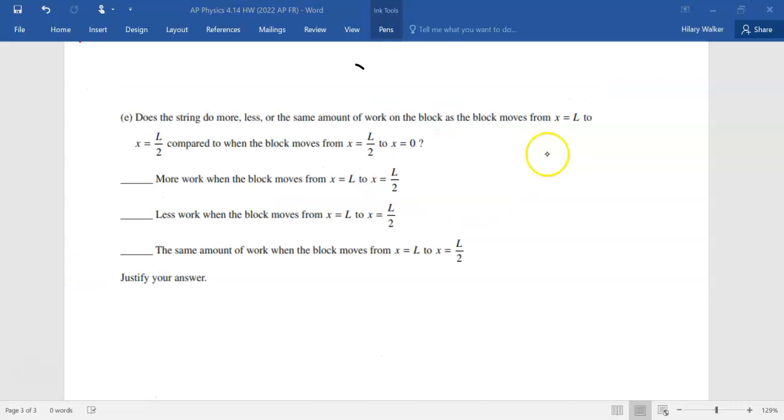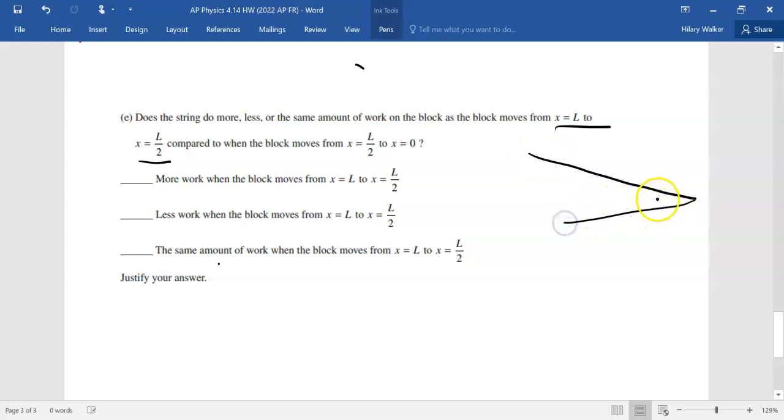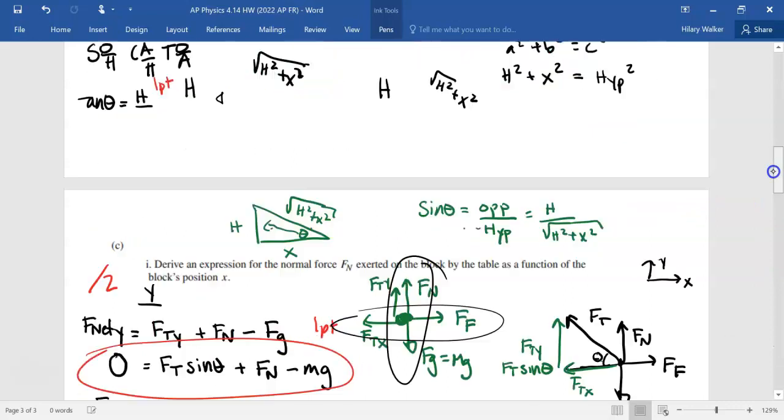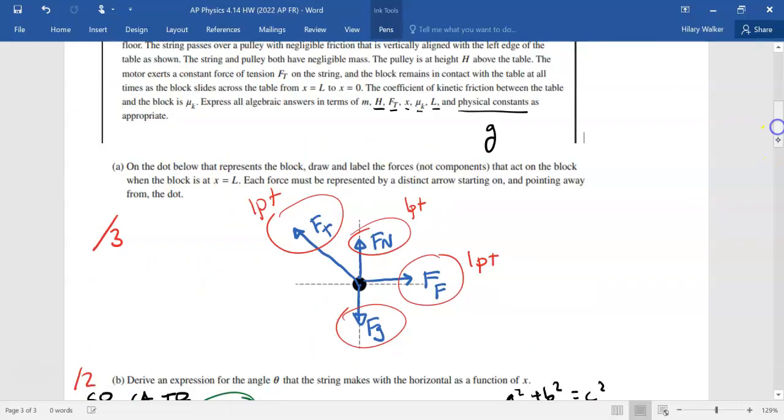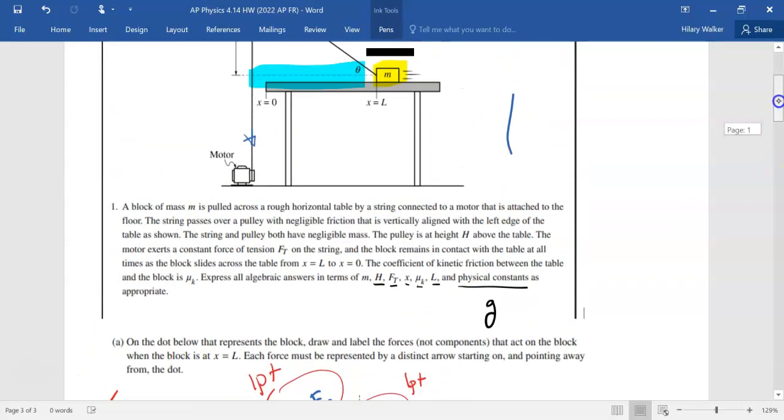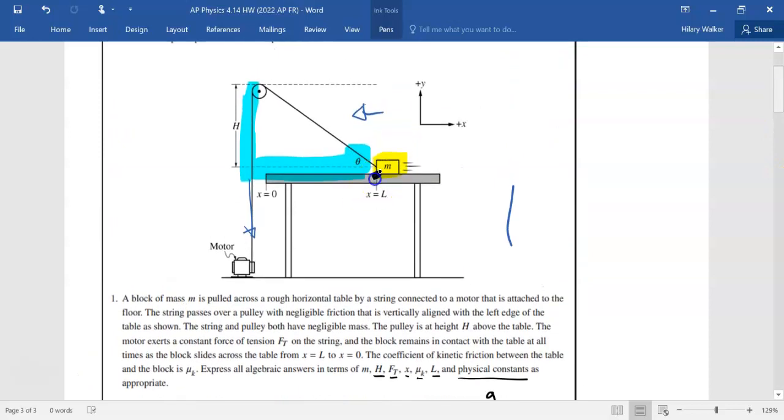Okay, so let's look at this one. The amount of work as it moves from x equals L to x equals L over 2, compared to the very end. So it moves from L to L over 2, comparing this distance to this distance at the very end.